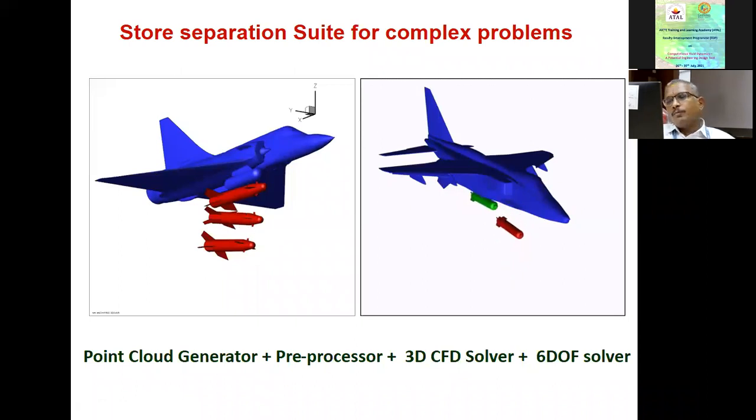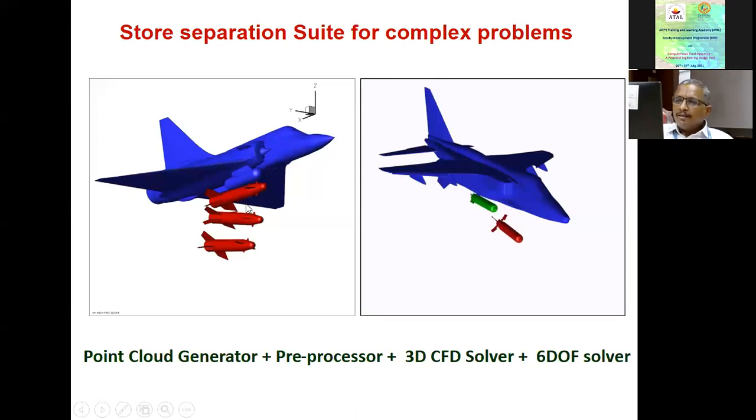Once you get force and moment, what we do is, this is a body which is released. So from the solution of the previous time step, you should be able to integrate those quantities of interest and move the body. Once you want to move a certain rigid body, you now need to solve for six degrees of freedom. That is, you are given a body with forces and moments. If you want to find the next position, you have to apply the laws of motion.